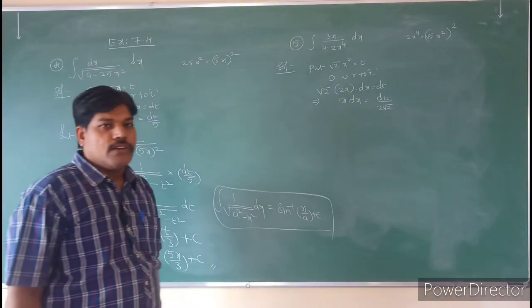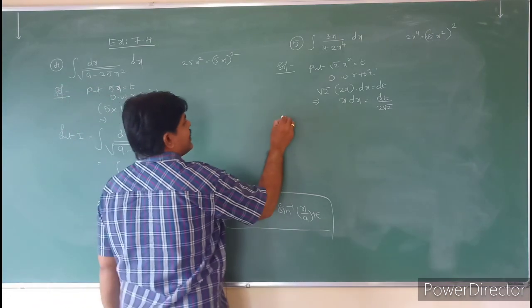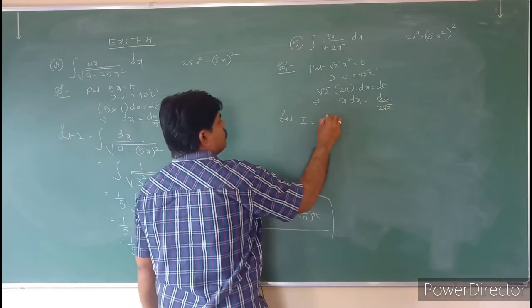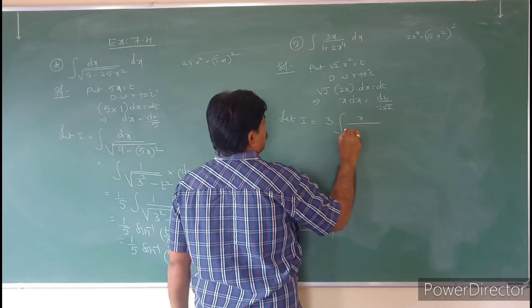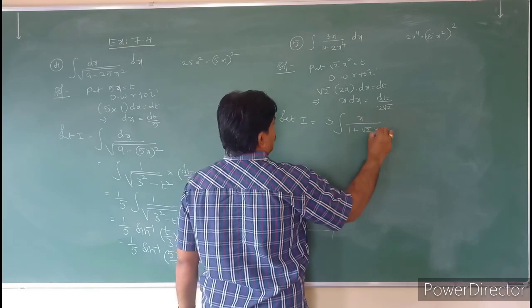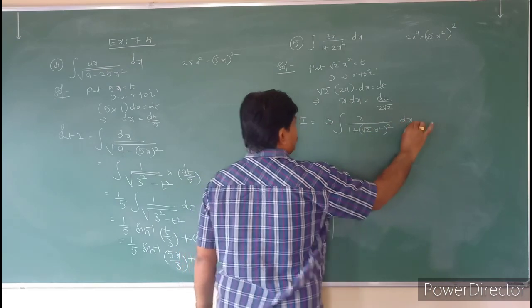X into dx value will become dt by 2 root 2. So take the problem, let I is equal to 3 into integral of x by 1 plus root 2 into x square whole square into dx.